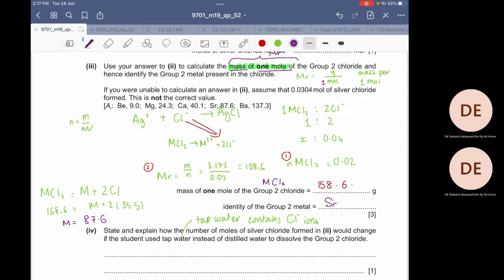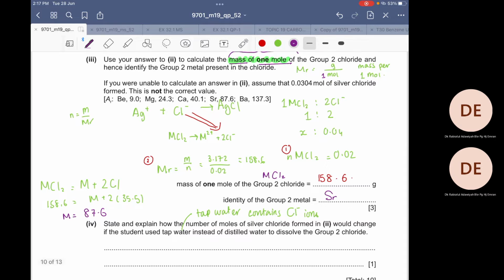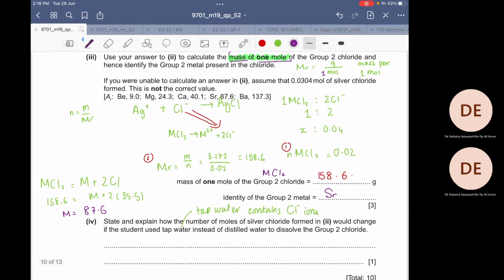Okay, last question. State and explain how the number of moles of silver chloride would change if the student used tap water instead of distilled water. The difference between tap water and distilled water is that distilled water doesn't contain any ions. Supposedly, it just contains H2O.